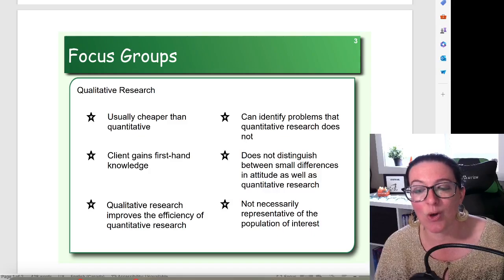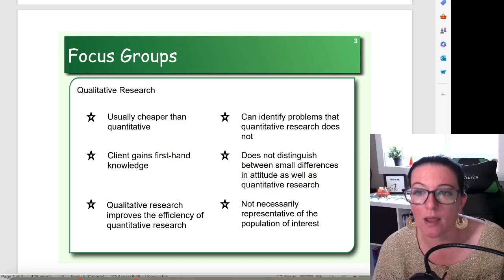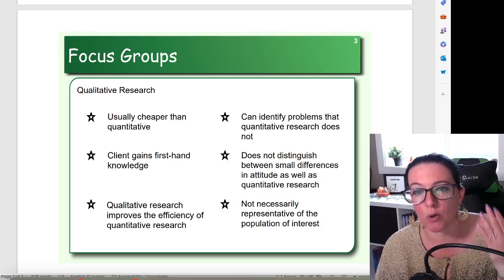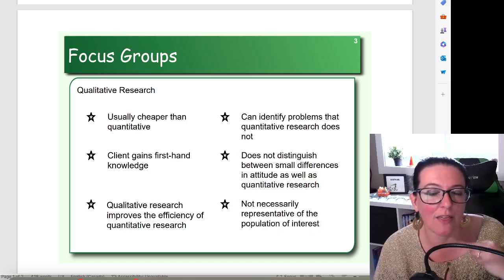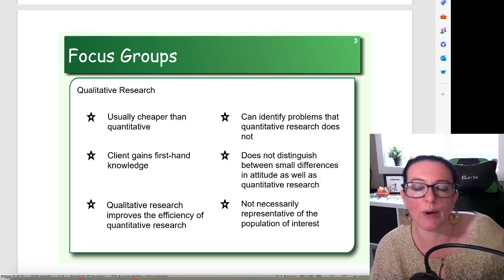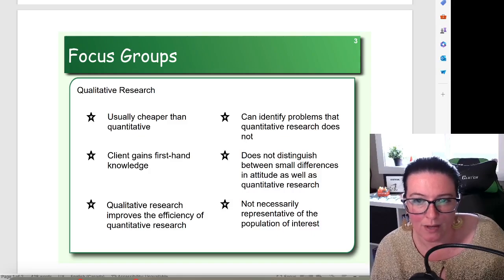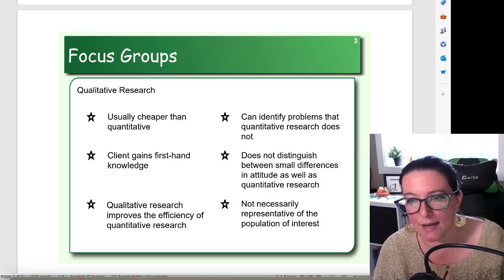We can then take those words and put them in a survey to see if other people feel the same way. So we're getting the focus group, the qualitative research, to give us the terminology that our other customers might use. And then we do the survey to see if the greater group feels the same way. So we're using qualitative research to improve the efficiency of quantitative research.